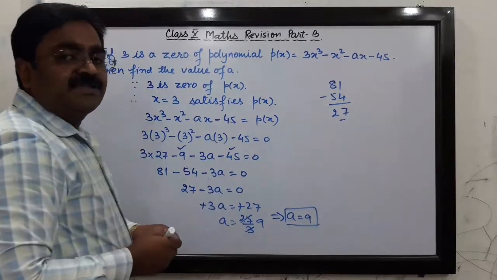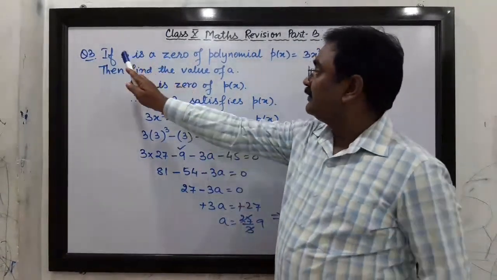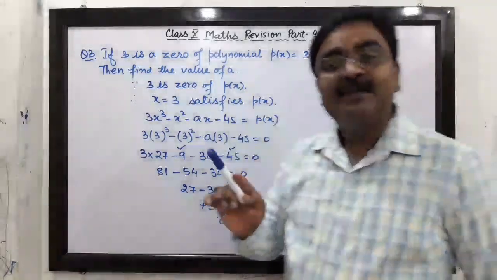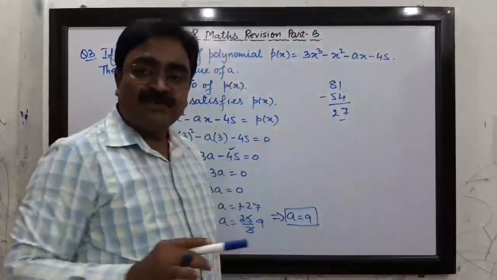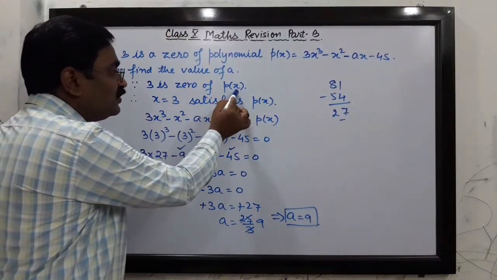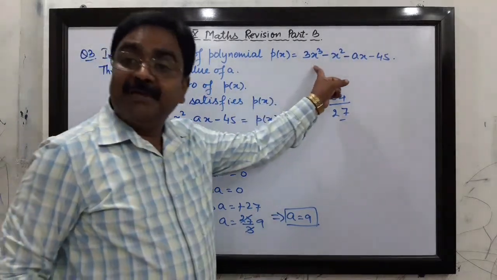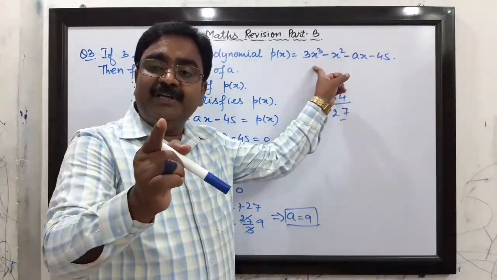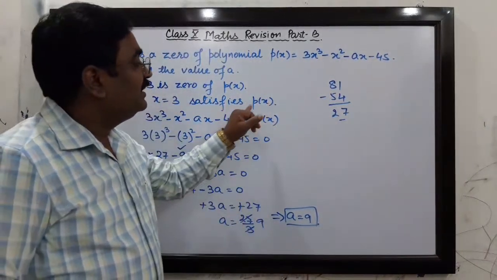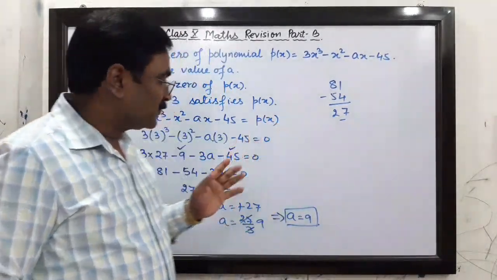Right friends? Once again I am saying, as it was given 3 is a 0 of polynomial 3x cube minus x square minus ax minus 45, it means that 3 is a 0 of this polynomial p of x, it means x equals 3 satisfies this polynomial p of x. Satisfy का meaning क्या होता है? When you substitute the value of x as 3, then the value of this polynomial becomes 0. ठीक है? चलो.